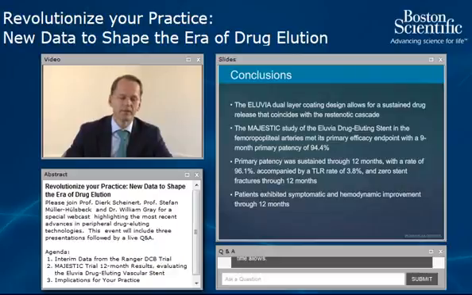Primary patency was sustained through 12 months with a rate of 96.1%, accompanied by a TLR rate of 3.8% and 0 stent fractures through 12 months. Last but not least, patients exhibited symptomatic and hemodynamic improvement through 12 months.